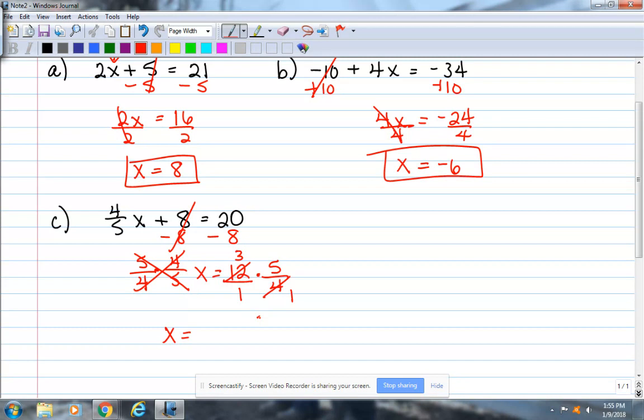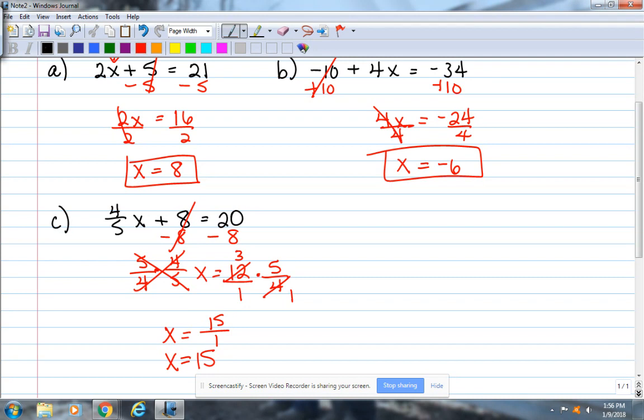So that makes our fraction simplify a little bit quicker, and it keeps us from having to multiply by such big numbers. And I multiply across. 3 times 5 is what? 15 over 1. 1 times 1 is 1. Or you can go ahead and tell me x equals 15. So you can skip that next to the last step right there, that 15 over 1, if you know the denominator will be 1. Any questions about that?